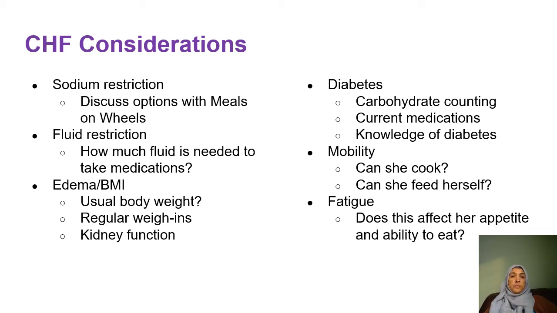Maintaining fluid volume, and regulating sodium as an important part of that, will help alleviate her symptoms of congestive heart failure. She has fatigue and edema, so reduced sodium would help her with that.